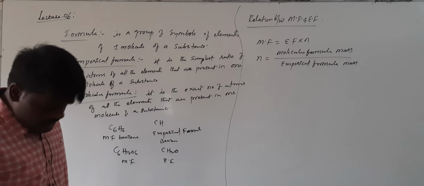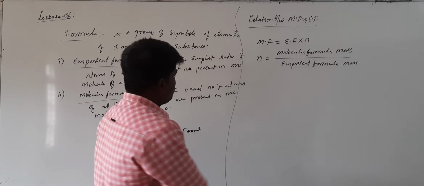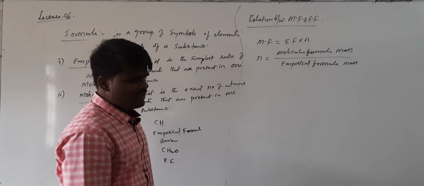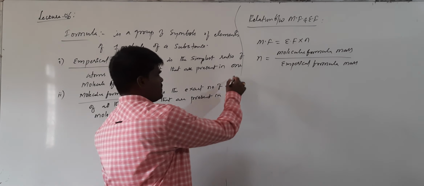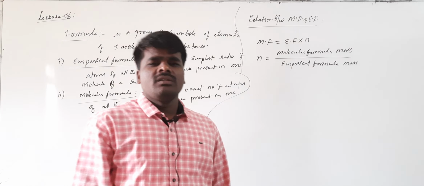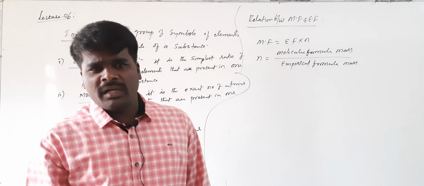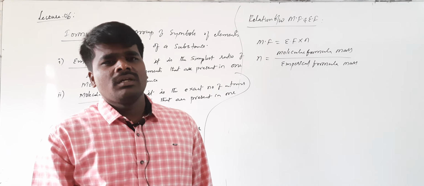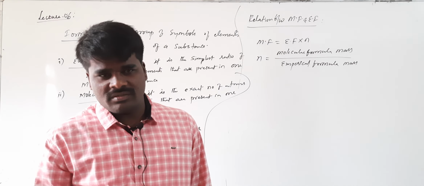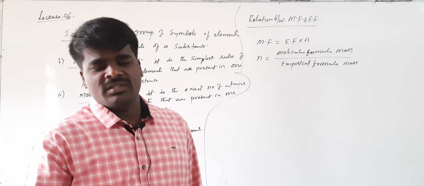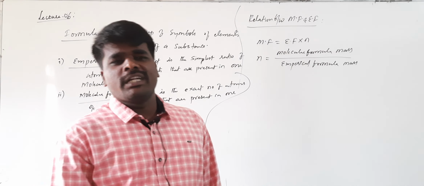Now, let us see how to determine the empirical formula and molecular formula from the given data. In order to determine the empirical formula as well as the molecular formula, first of all, you need to find out the weight percent of each element present in a substance by quantitative analysis.